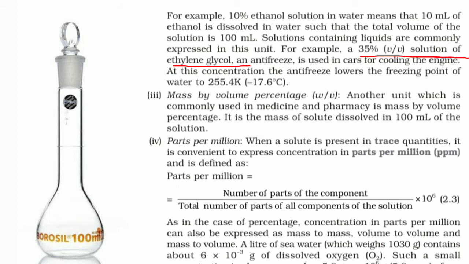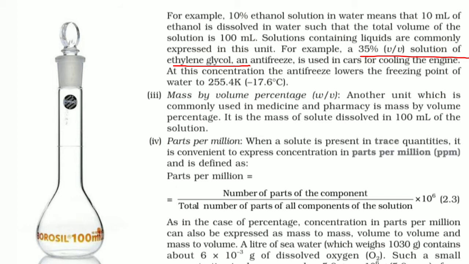If we add ethylene glycol in water, it will decrease the freezing point from 0 degrees to minus 17.6 degrees Celsius. So this is a very good example.